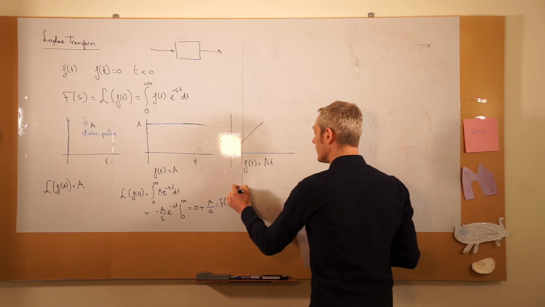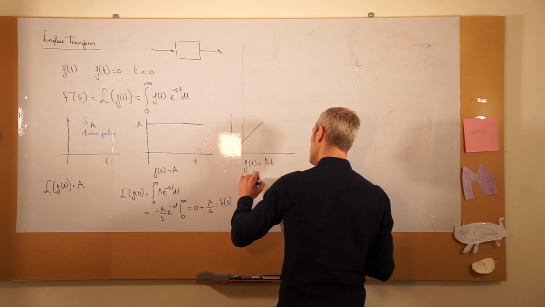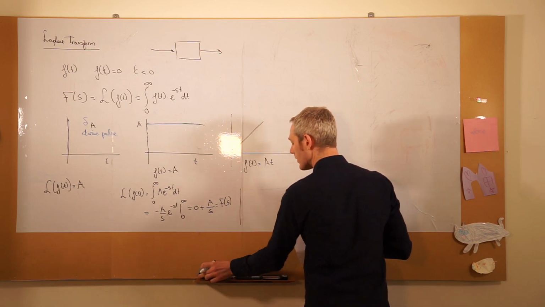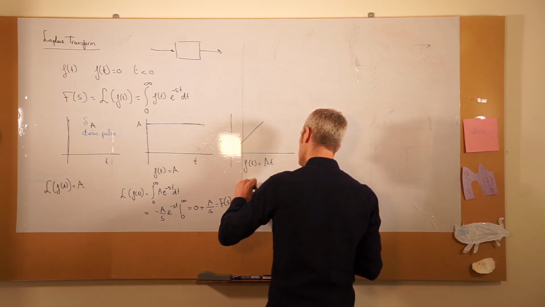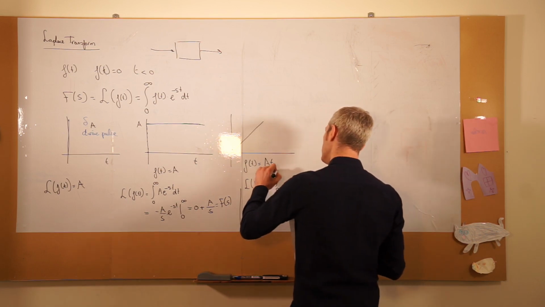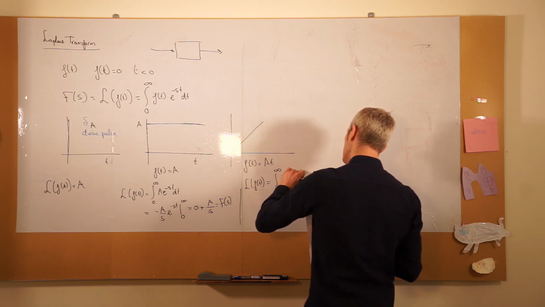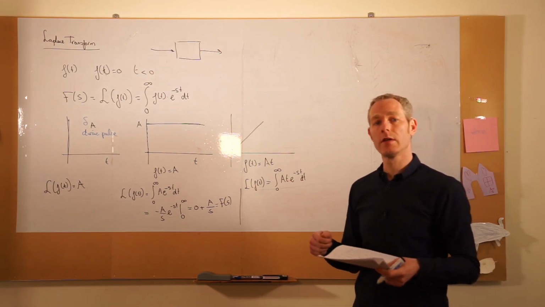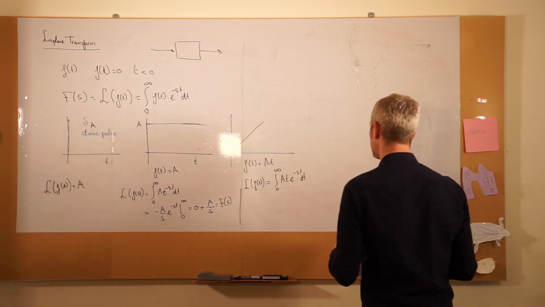Now if we want to do this one, we need 0 to infinity. Let me just slow that down. We want the Laplace transform of our ramp. So we want the Laplace transform of this f of t, which is the integral from 0 to infinity of at e to the power of minus st dt. Now this one we can't integrate in one step. We'll have to use integration by parts.